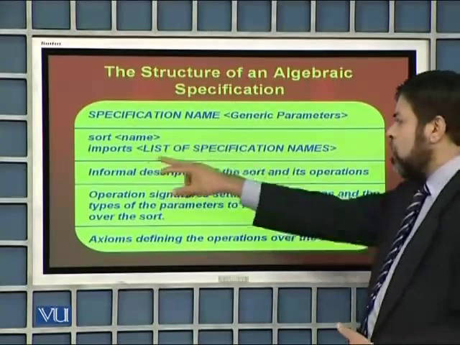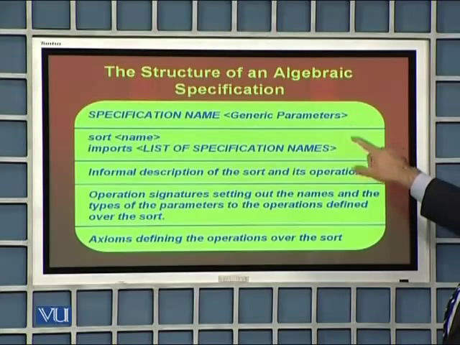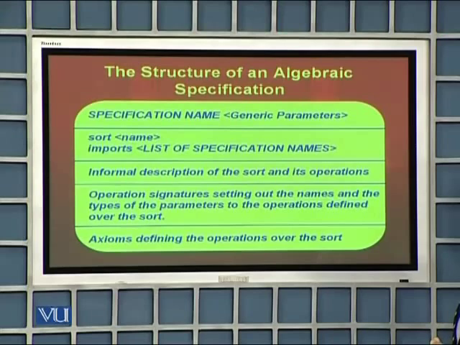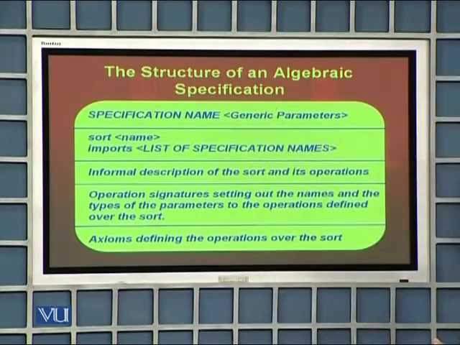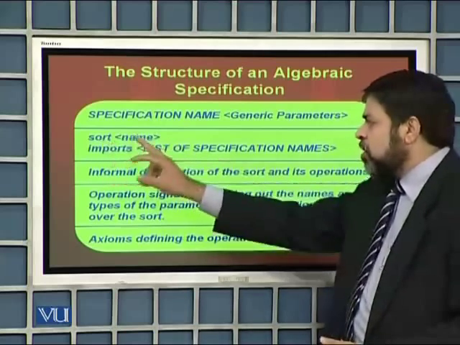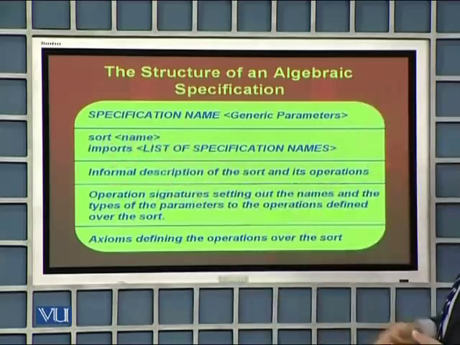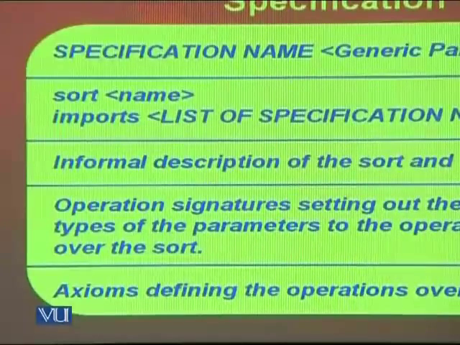We will talk about what is meant by importing specifications. So in the introduction part, we have two components. First is the name of the specification, and the second starts with the name of the type that we are trying to specify and other specifications that it is using.